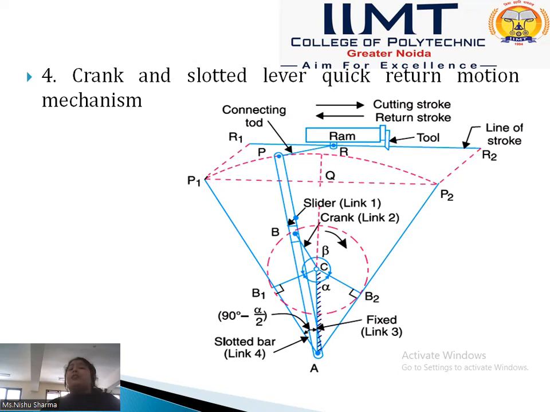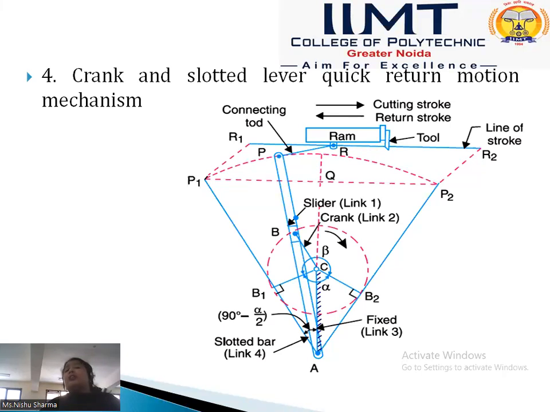In the cutting stroke the crank is rotated in the clockwise direction, when the crank moves from CB1 to CB2 in a clockwise direction and makes an angle beta.